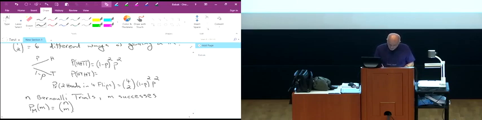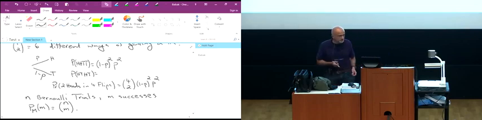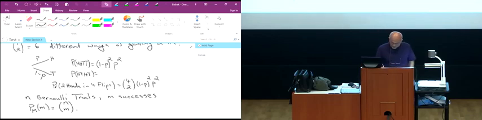The number of ways I can have M successes out of N trials is N choose M. And each of those, so tell me how to fill these now. There's a P and there's a 1 minus P. What are the powers here? How many successes? M. So where do I put that? P. Yeah, and the remaining trials have to be failures.